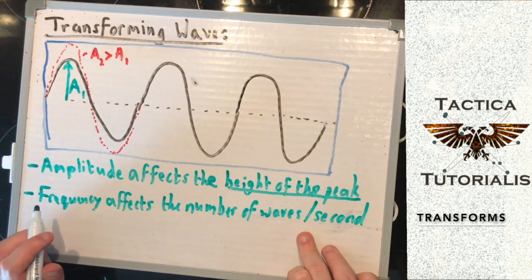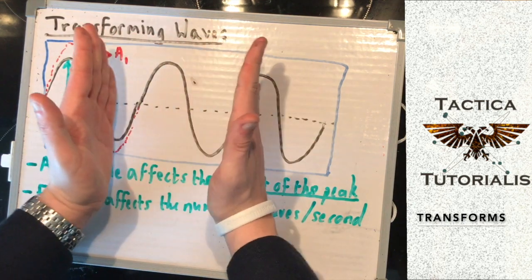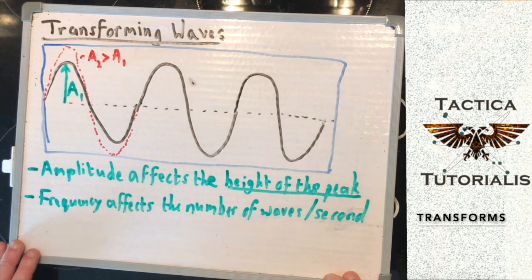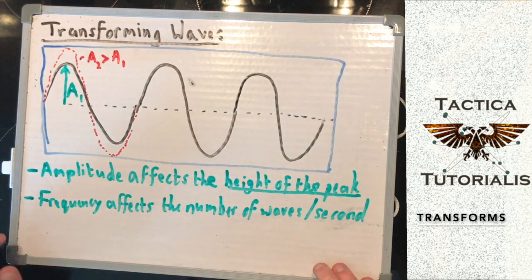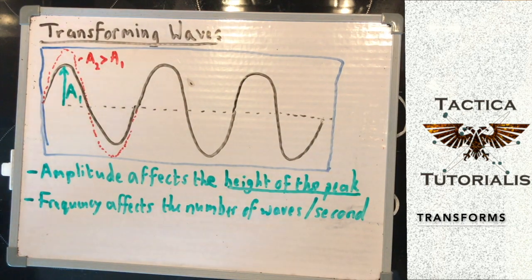I'm going to use the slash to say per because it's faster. So if I was to change the frequency of the wave, I would affect how much space a wave takes up. It's like changing the wavelength, but normally it's a bit easier to change the frequency than it is to change a wavelength.